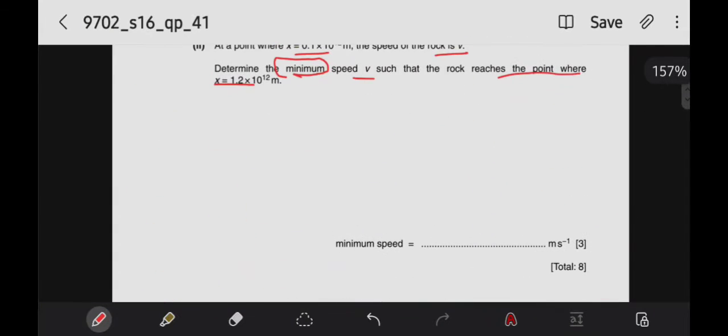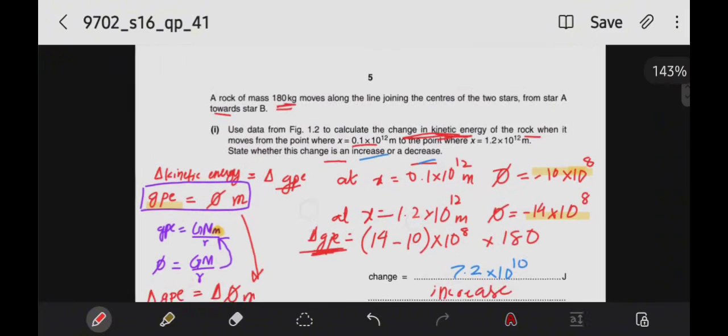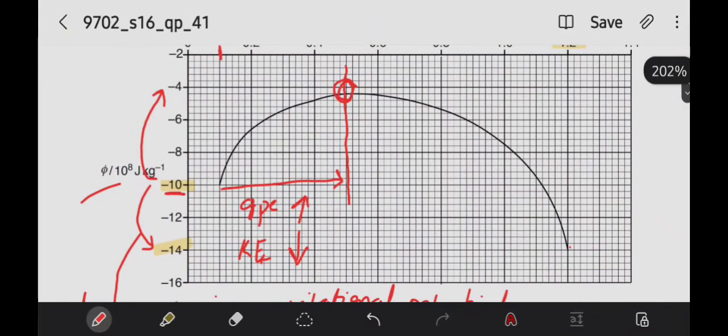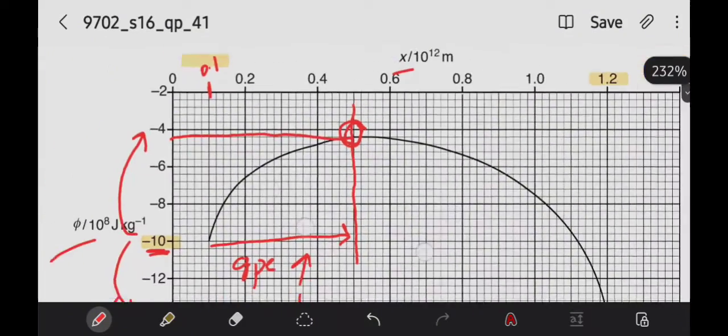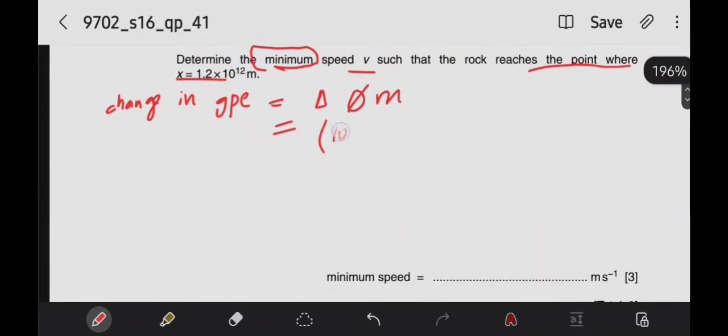So here it's minus 10, and at this point it's about 4.4. Yes, it's 4.4. So 10 minus 4.4 to the power 8 into 180.